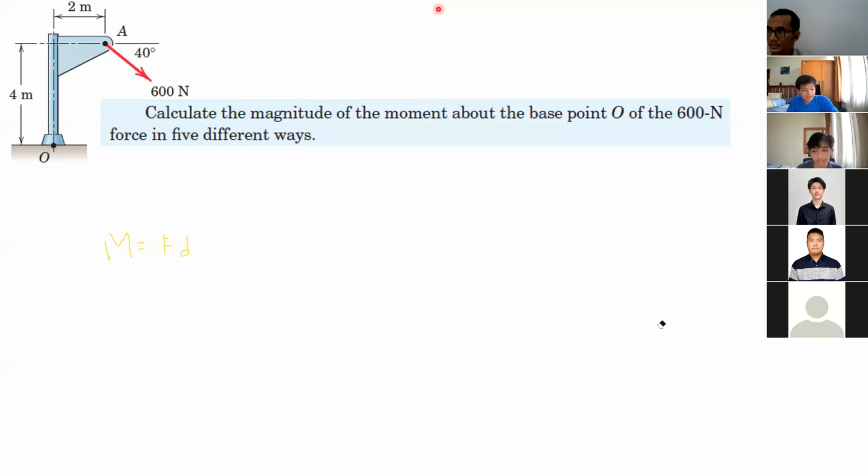Fauzan, Zafran asked you to help him to finish this. Zafran wants to use F multiplied by d, but d is the perpendicular distance. How can we find the perpendicular distance?